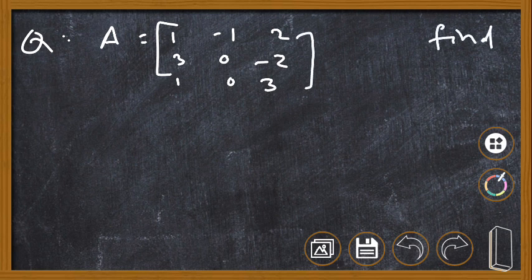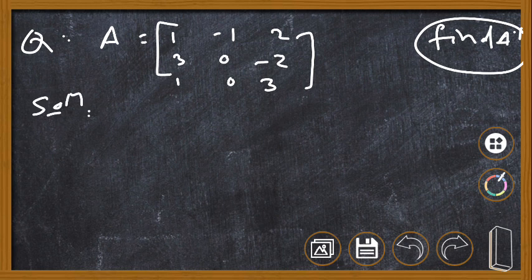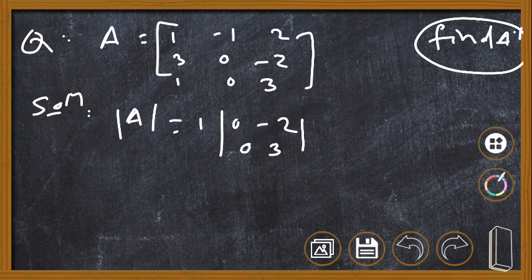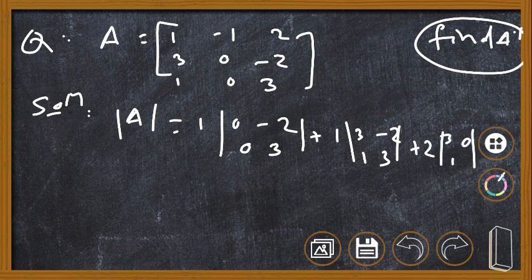For that I first have to find the determinant of A. Expanding, it will be 1 into (0, minus 2, 0, 3), then minus minus becomes plus, 3 into (minus 2, 1, 3), plus 2 into (3, 0, 1, 0).